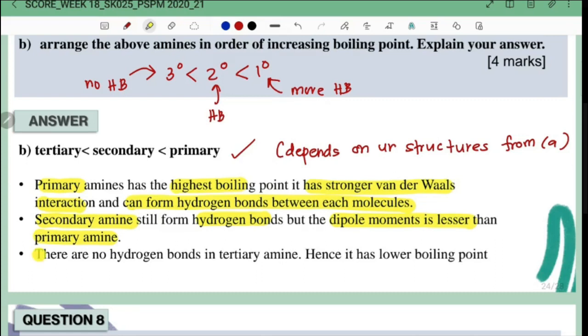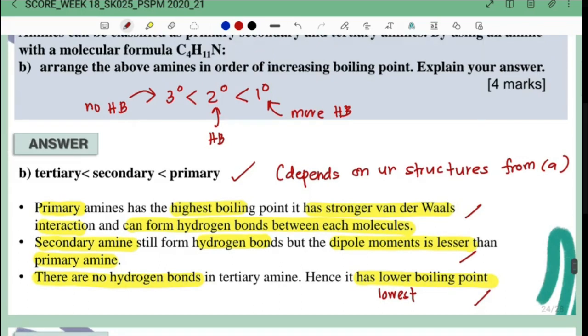While tertiary is the lowest because there is no hydrogen bond in tertiary amine, so it has the lowest boiling point. 1 mark each for the explanation. So the arrangement and 3 explanations carry 4 marks.